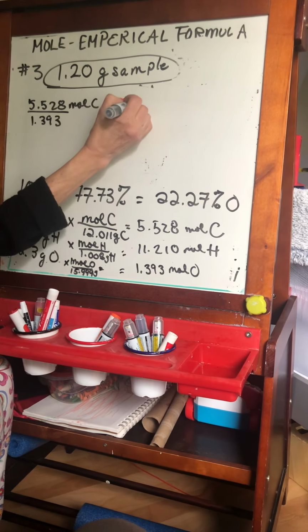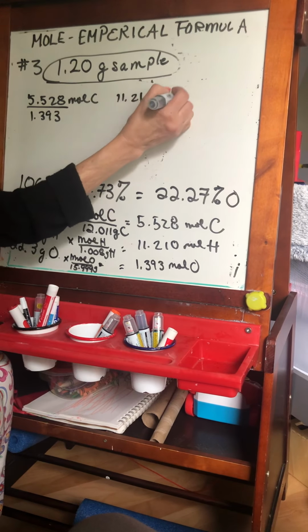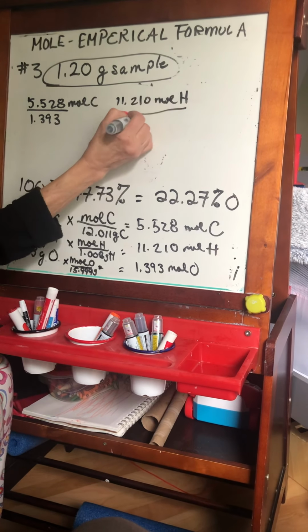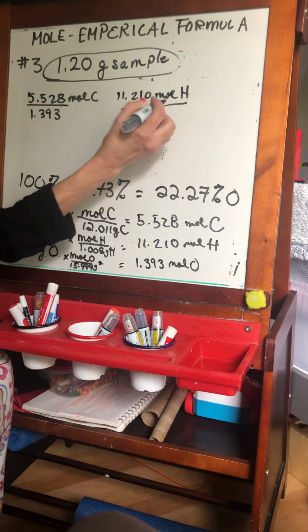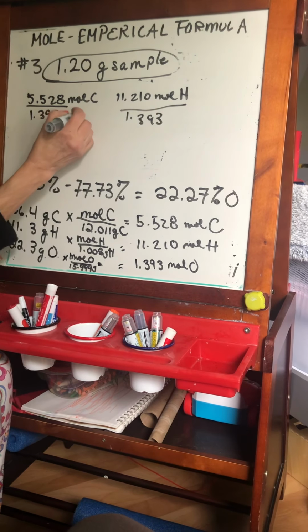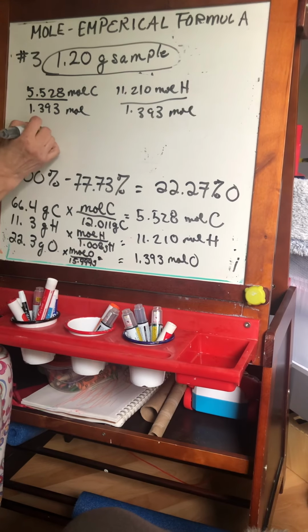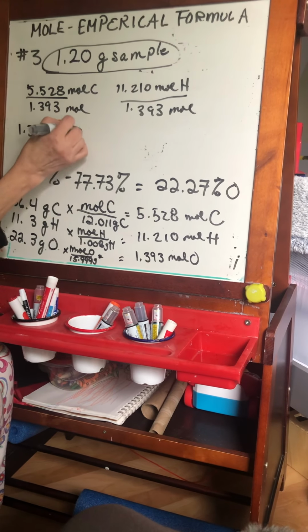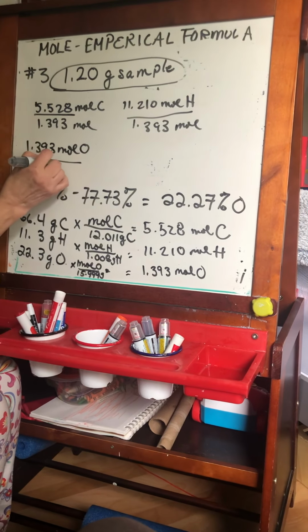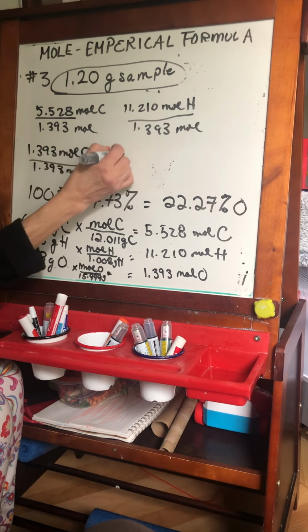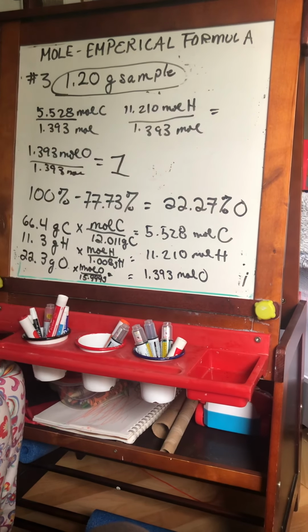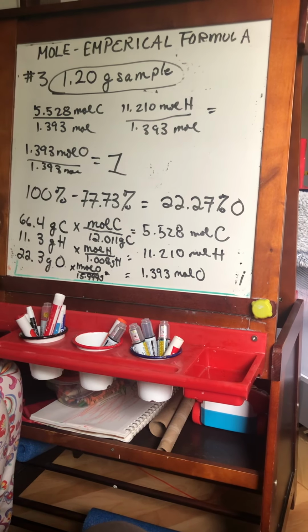11 moles hydrogen, divided by the oxygen moles, which are the smallest. And then finally, the oxygen will be 1. Okay, so this gives us, I hope, something good. We'll see.